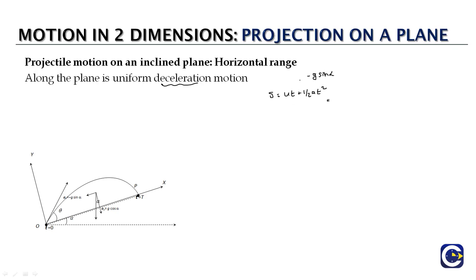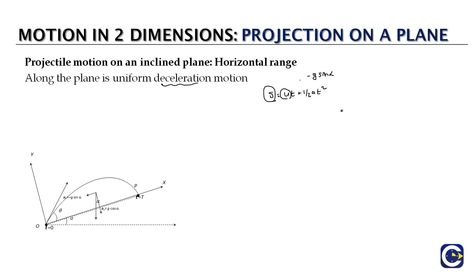The only thing is we will have to use the analogous terms, which means here this will be the distance covered along the plane. We take u to be the parallel component of the initial velocity and a to be the parallel component of the acceleration.